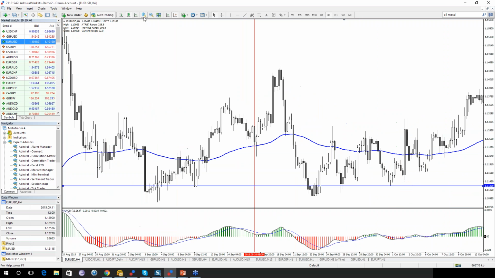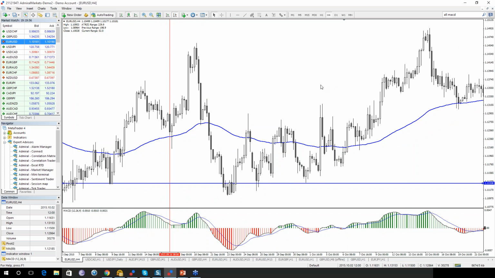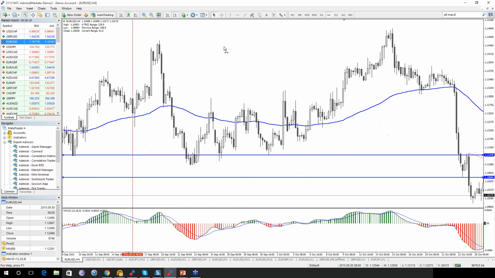You can see here, it's a pin bar rejection from the 89 EMA. 89 is a cosmic number. It's a strong number in the Fibonacci ratio. It's actually 88.6, but I rounded up to 89. And you will see when there is a pin bar rejection like this, look at this pin bar, look what happened.